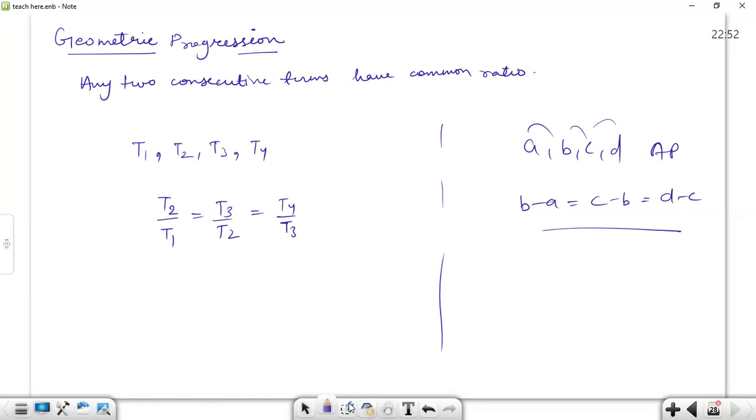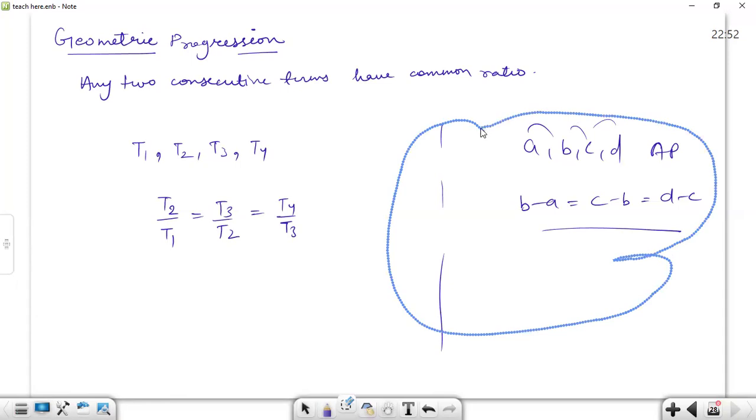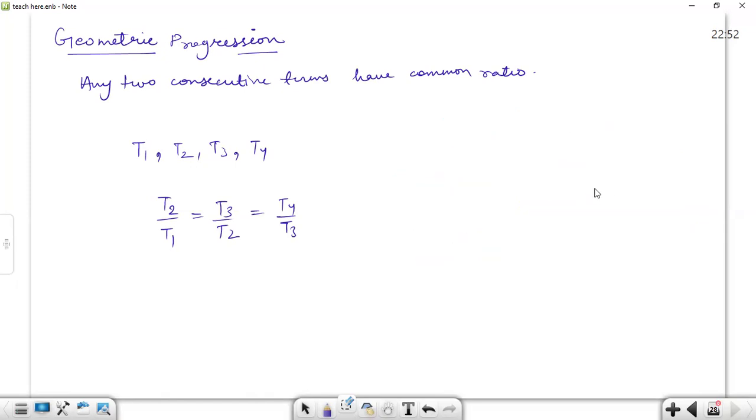So this is the new thing that we are going to study. Any doubts, anyone? No doubts? Okay, great. So it's a geometric progression.